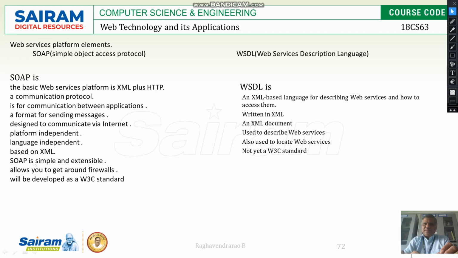It is simple and extensible, allows you to get around firewalls, and was developed as a W3C standard. So based on the W3C standards, SOAP has been developed, and everyone can use it.